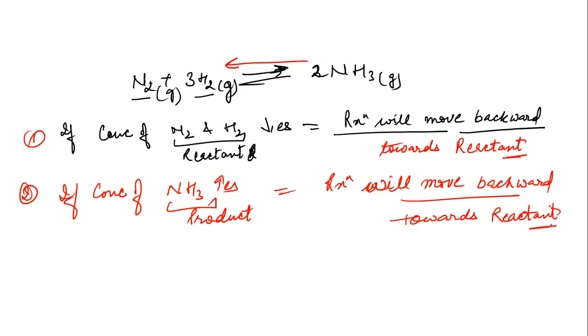Clear? So if the concentration of product increases, it moves towards the reactant. It means this product is now dissociating into reactant. Clear?